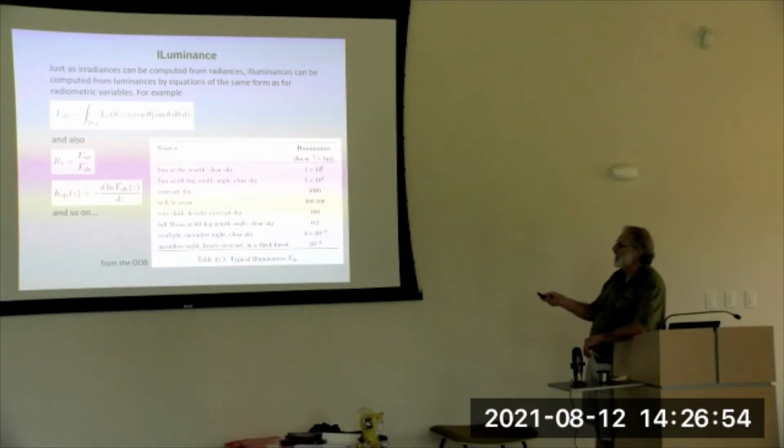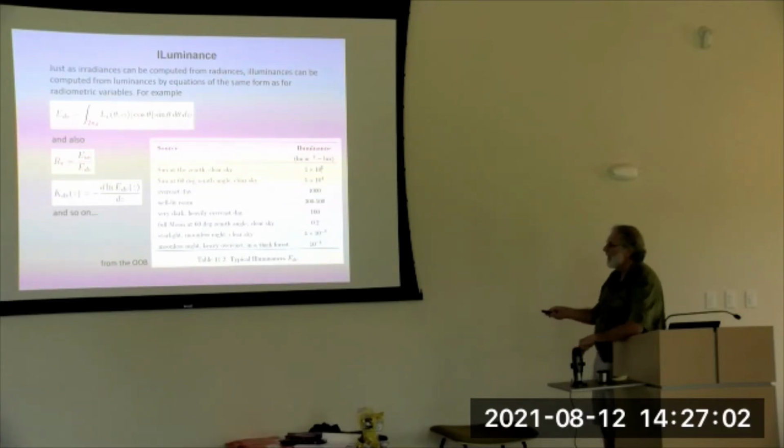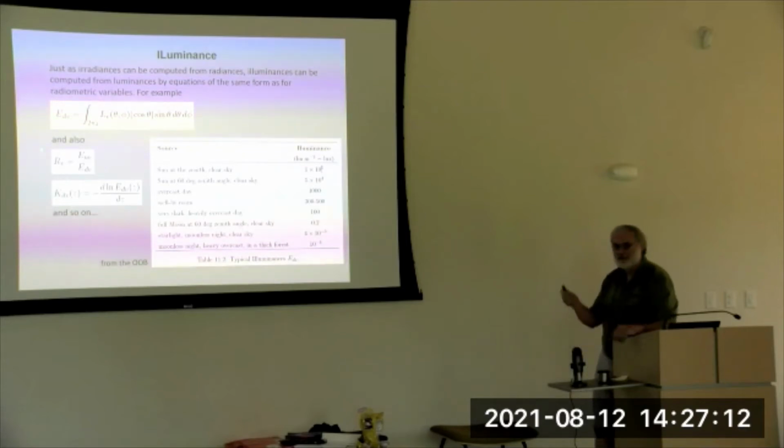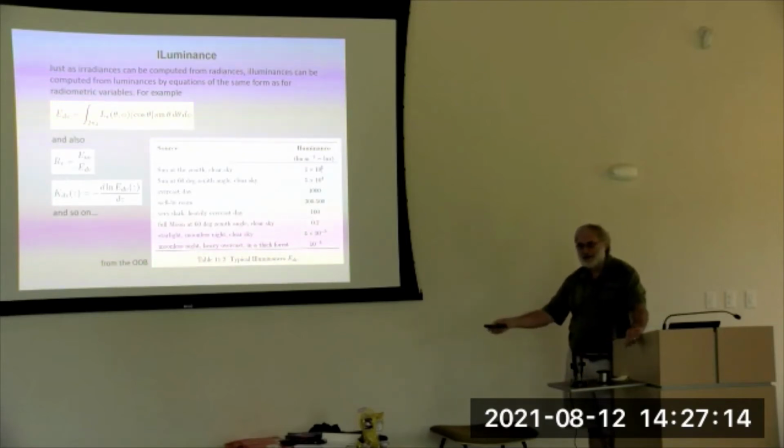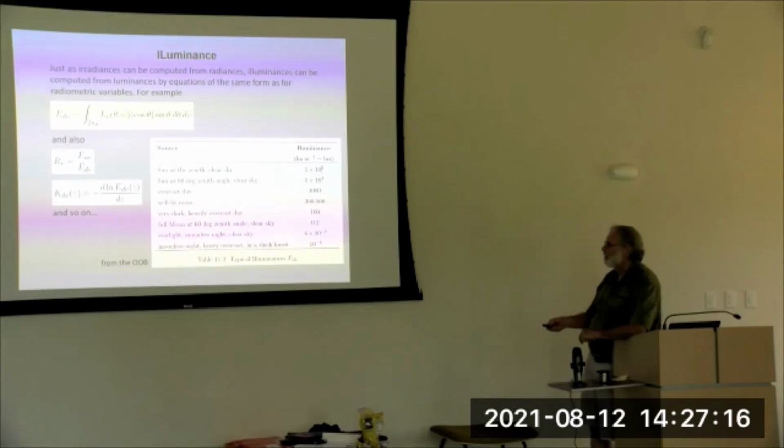Just like radiance integrated here gives you irradiance, luminance integrated like this gives you illuminance. You can define a photometric reflectance, like KDs, for photometric variables. They all carry through exactly like the radiometric variables, but they're now a broadband measure.